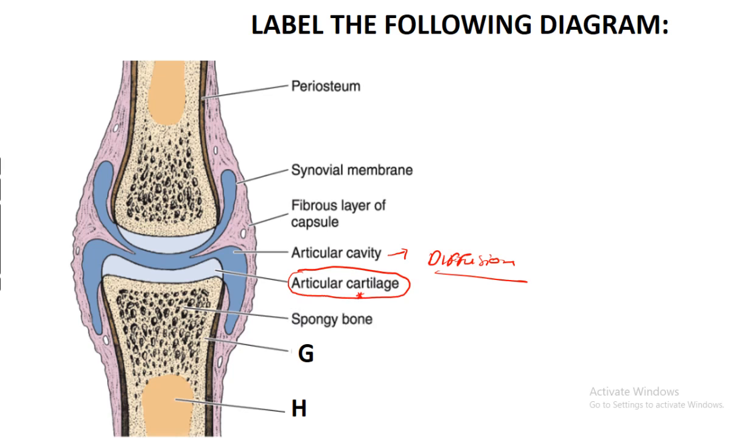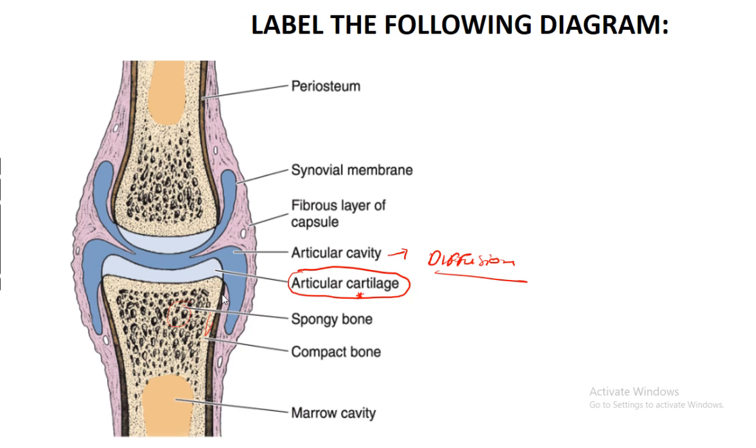Let's quickly look at F. F is simply the sponge bone. Remember, we have two types of bones that we need to consider under gross anatomy. We have sponge bone and also the compact bone. So please make sure that you know what a sponge bone is and what a compact bone is. Let's quickly look at G. G is just the compact bone. If you observe, you're going to find that the inside has the sponge bone and the outside has the compact bone.